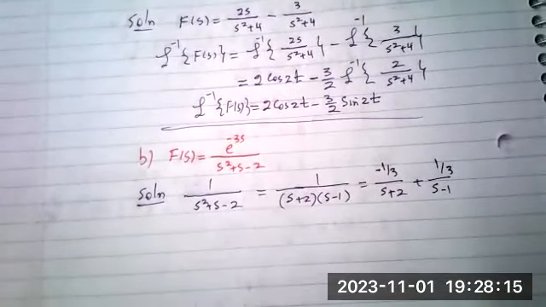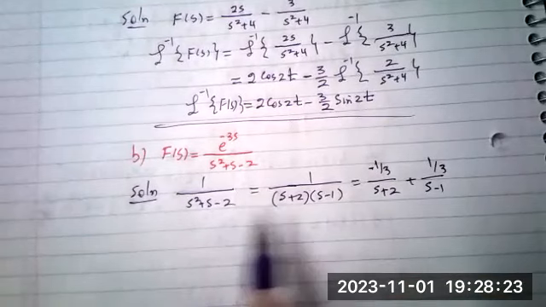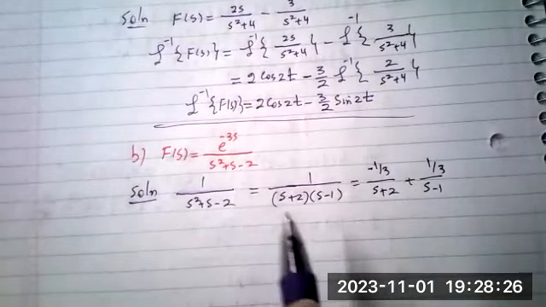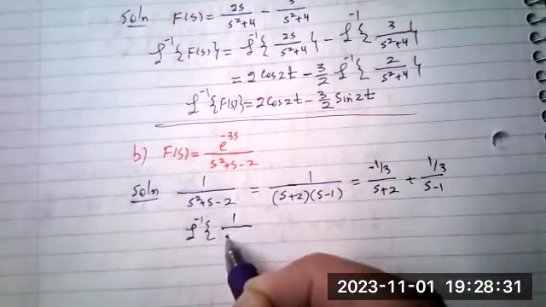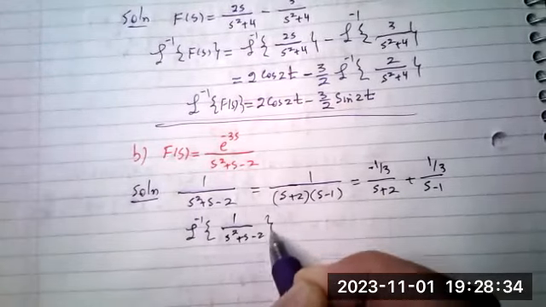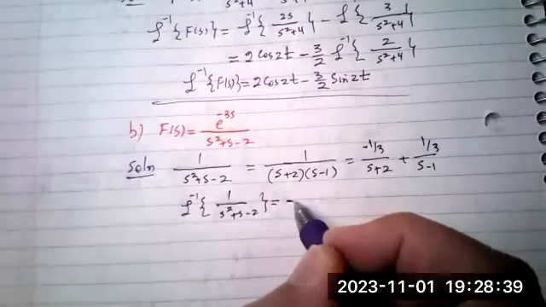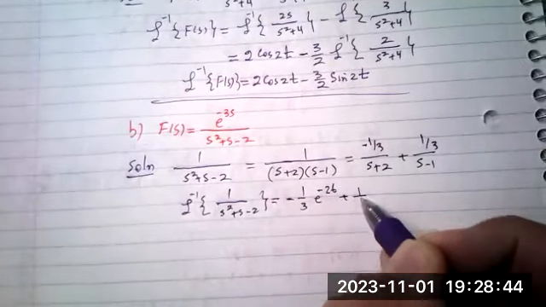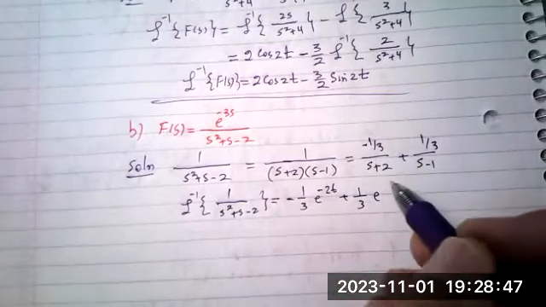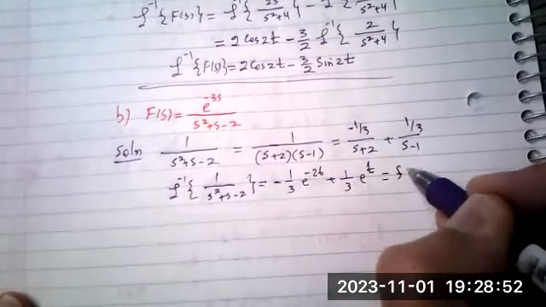This is what we got over here. Now we go back and check this Laplace transform. If you find the Laplace inverse of 1 over s squared plus s minus 2, remember again, we did this one. The first one is negative 1/3 e to the negative 2t, and the second one is 1/3 e to the t. Remember, that's the one that we call f of t.